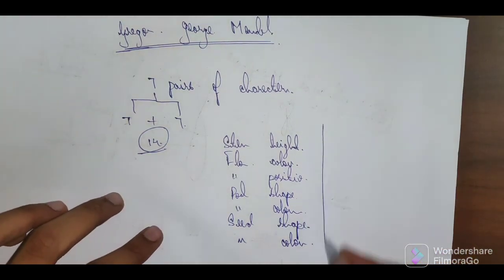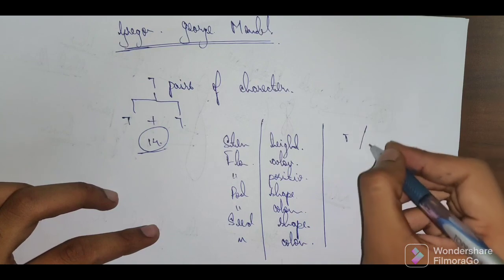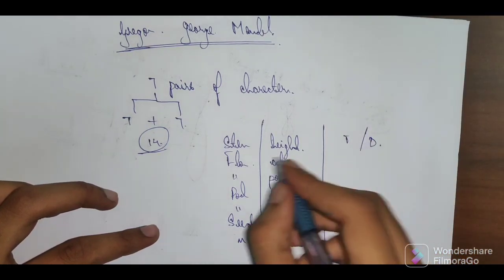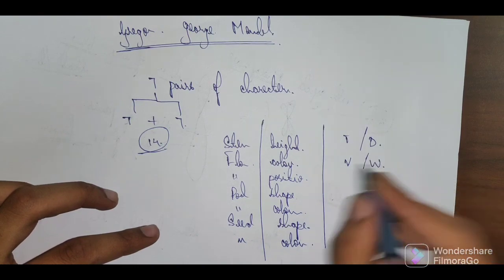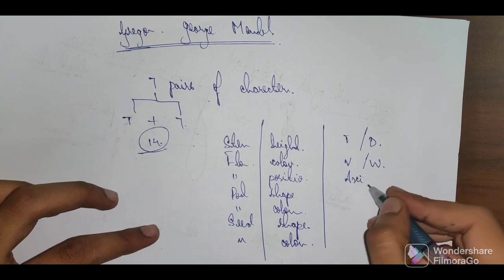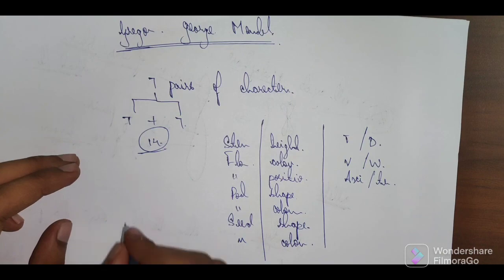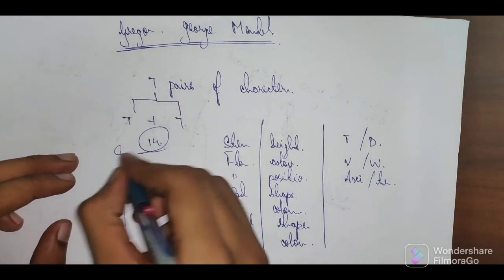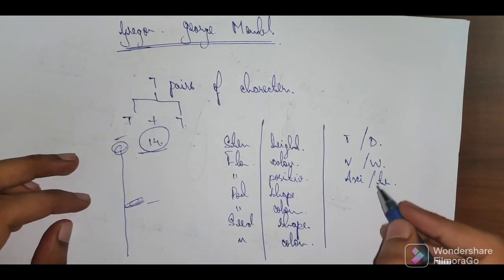The contrasting traits, that is, two alleles, were tall or dwarf. For the flower color, it was violet or white, and the flower position was axial or terminal. Axial or terminal means if this is a flower, this is the terminal point and this is the axial point.